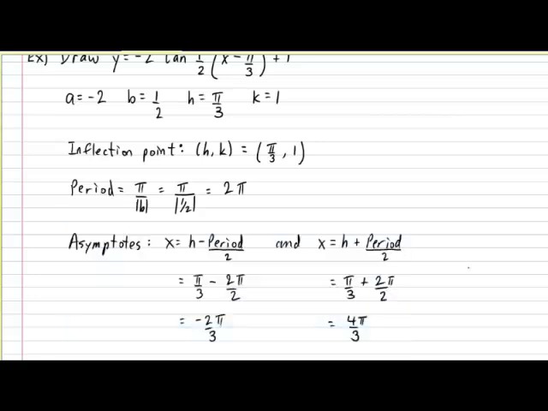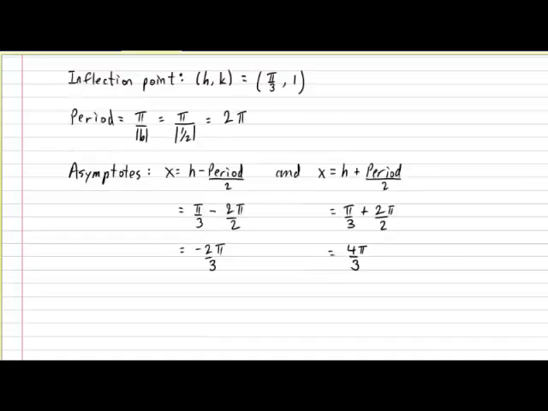In this example, that will give us two consecutive asymptotes located at -2pi/3 and 4pi/3. And finally, let's determine our variation, which is given by the sign of a multiplied by b. In our example, our ab combination is negative, therefore our S waves will be a decreasing type of S wave.